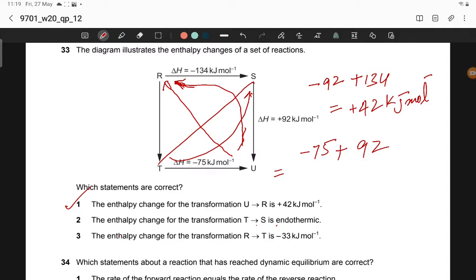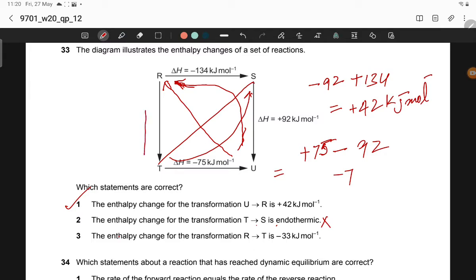This is plus and this is against, so the sign is reversed. Minus 75 minus 92 is equal to minus 17. So this is incorrect.